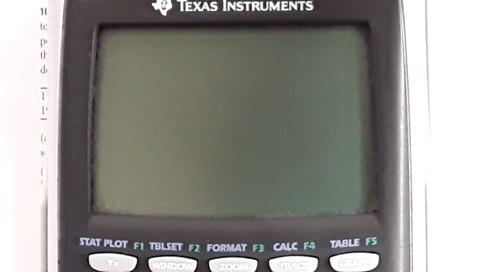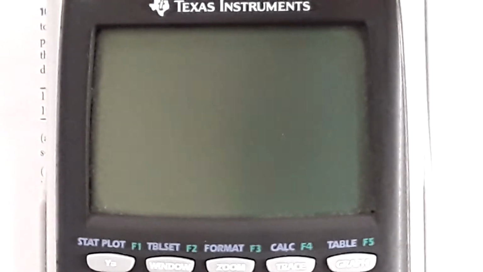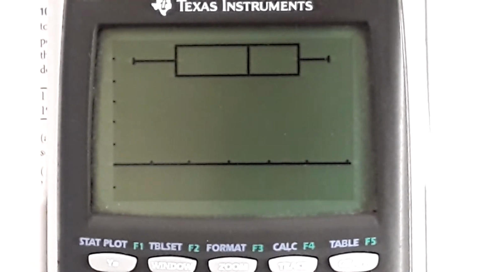Now, in this one, can we use CLT? No, we cannot use CLT because our sample size is only 20, and we need a sample size of at least 30. Okay, so that's the first thing. We can't use CLT. But when we look at our plot, is it roughly normal?